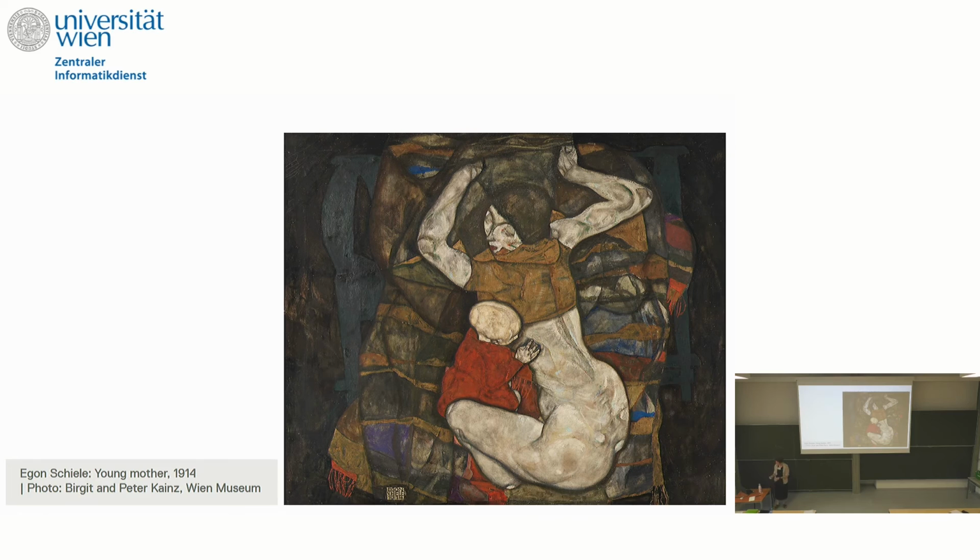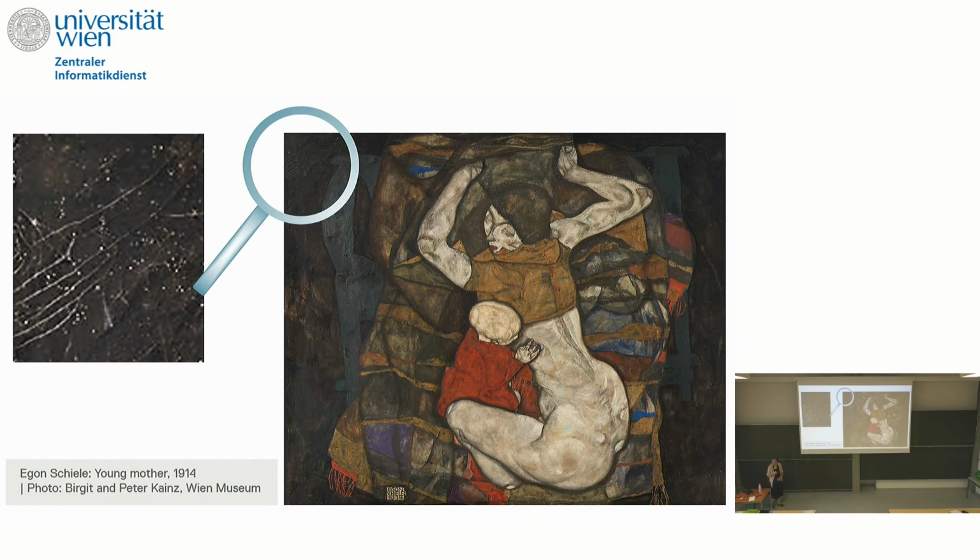If you zoom in here, what you see is these cracks, this pattern. I didn't ask him, but I'm not sure it's on purpose that on this small side he put this pattern, but I think it's really cracks.